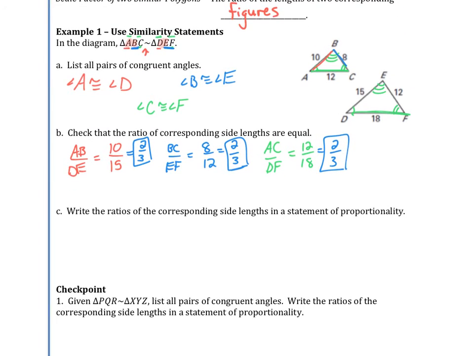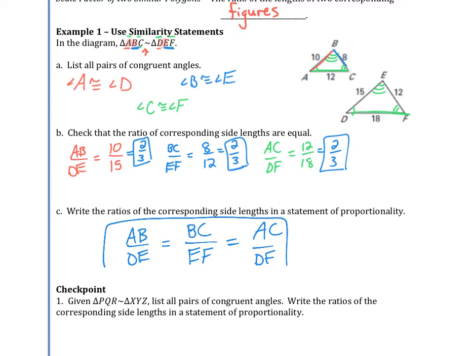And it says, write the ratios of the corresponding side lengths in a statement of proportionality. What this just means is you set each of the fractions of the side lengths equal to each other. So we would say AB over DE is equal to BC over EF, and that's equal to AC over DF.